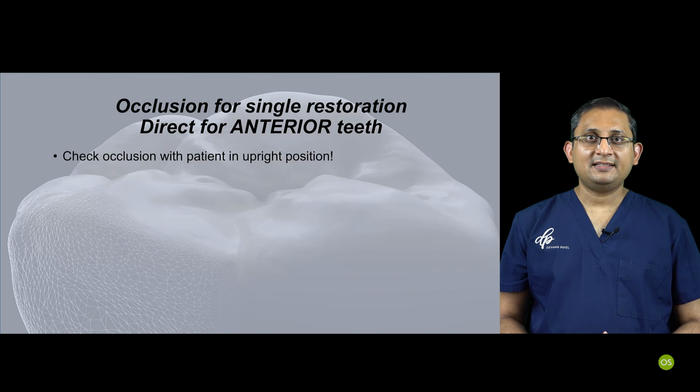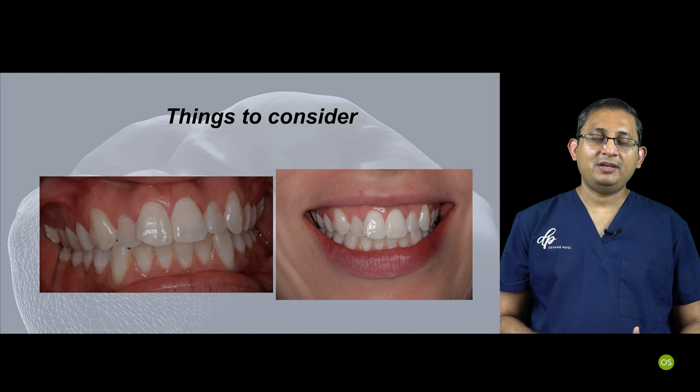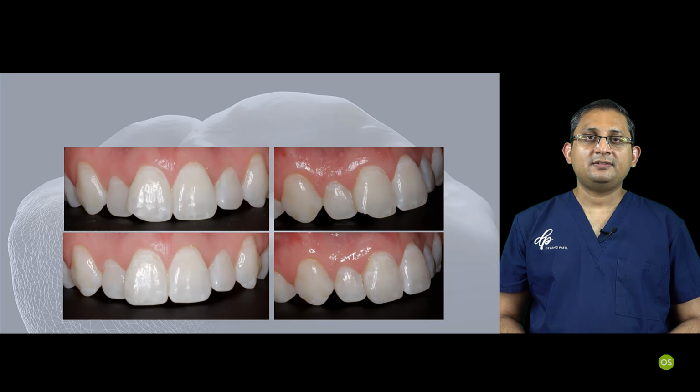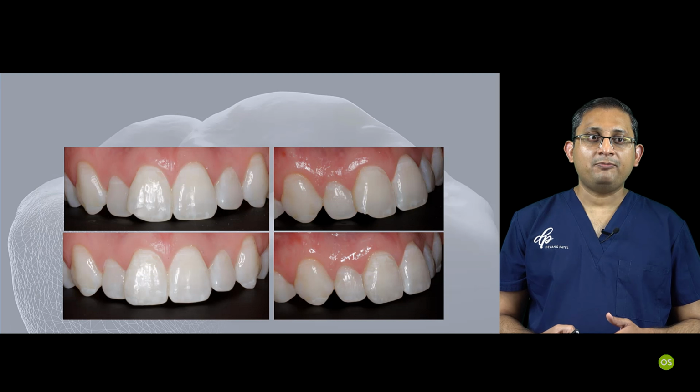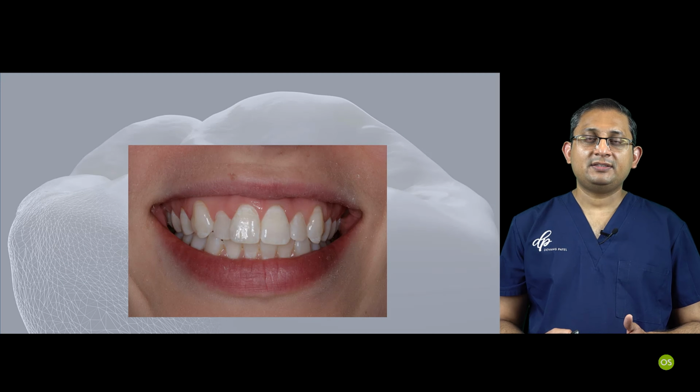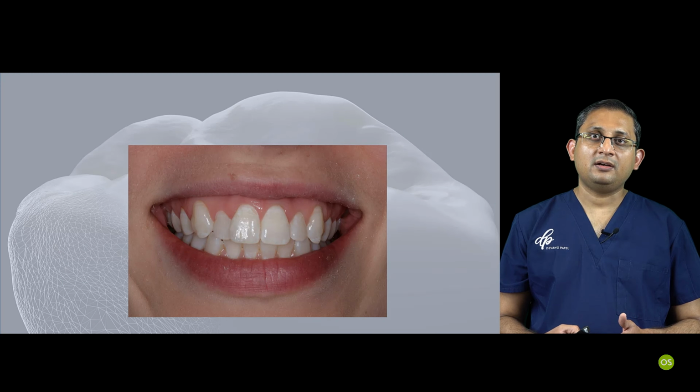So we looked at this case previously where the patient had a chipping of the upper right central, and this is the finished result, where I made sure that when the patient is guiding, the filling is not in first contact. So when the patient is guiding, there's a nice guiding line and the filling contacts later on.